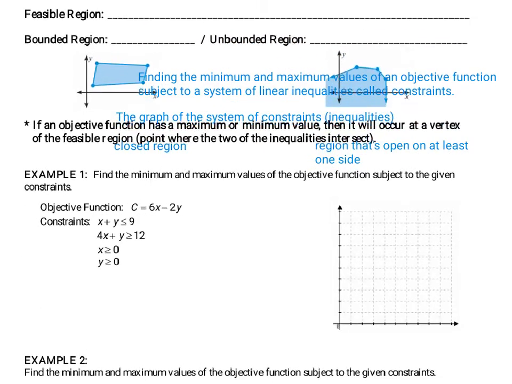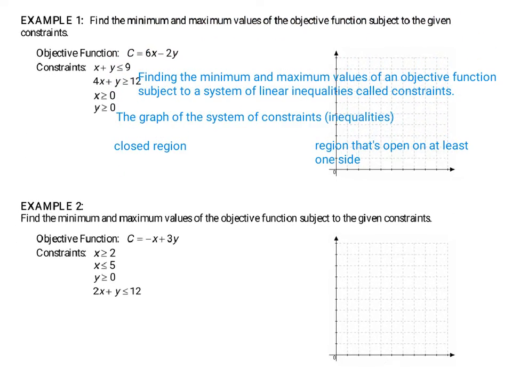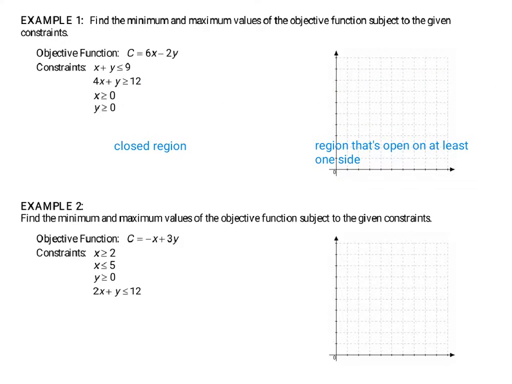Let's go through and look at example number 1. Example number 1 asks us to find the minimum and maximum values of the objective function subject to the given constraints.